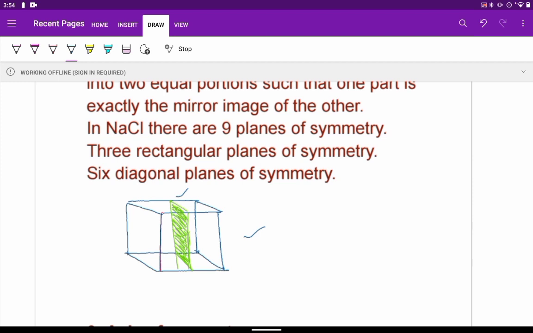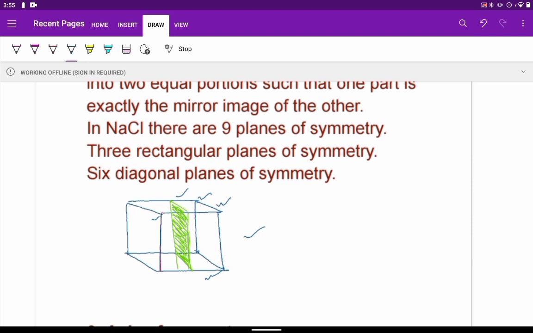So you will find that these rectangular planes of symmetry are 3 in number. If we do it diagonal-wise, meaning opposite diagonals, like here to here, if you join, we will get a diagonal plane of symmetry. The diagonal planes of symmetry will be 6 in number, because if you consider this face and this lower face, we can have 2 diagonal planes of symmetry.